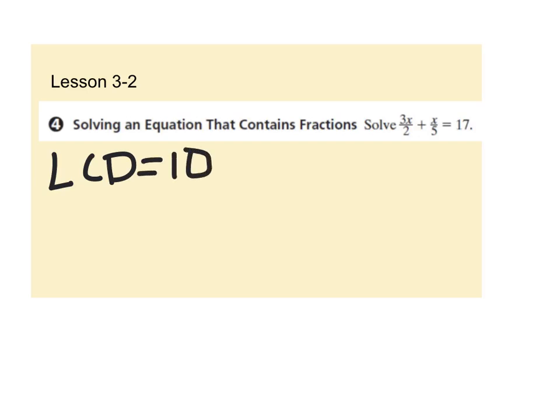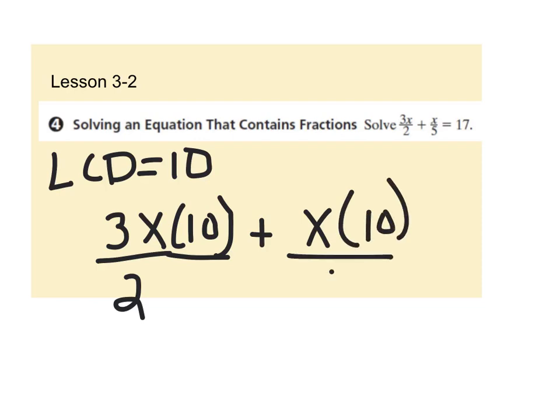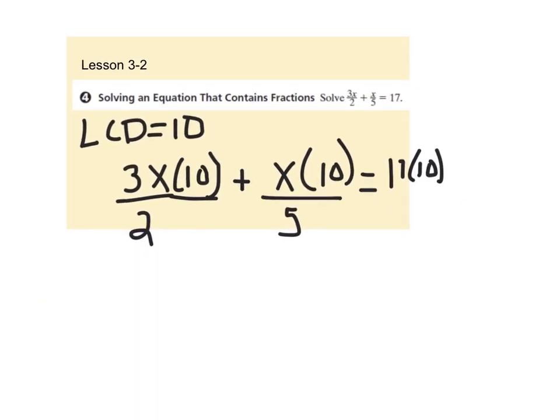What I do is I multiply everything, and I mean everything, in my equation by 10. That is the multiplication property of equality that allows me to do that.